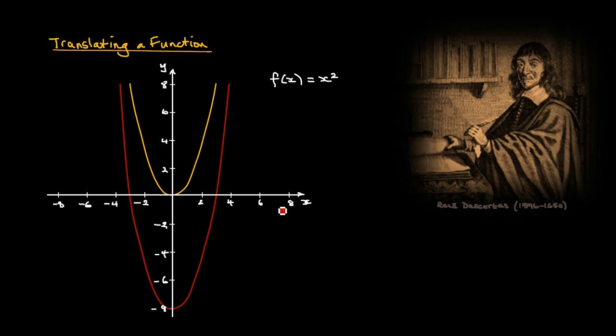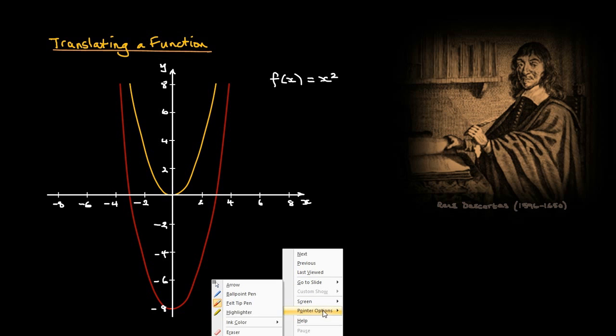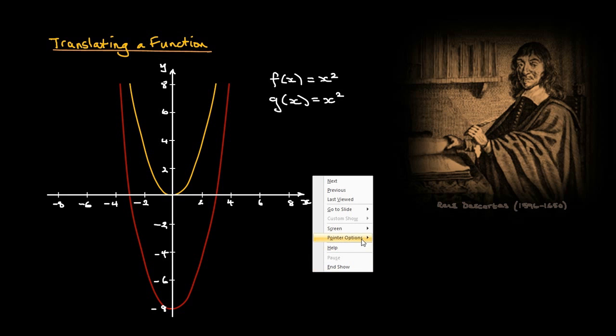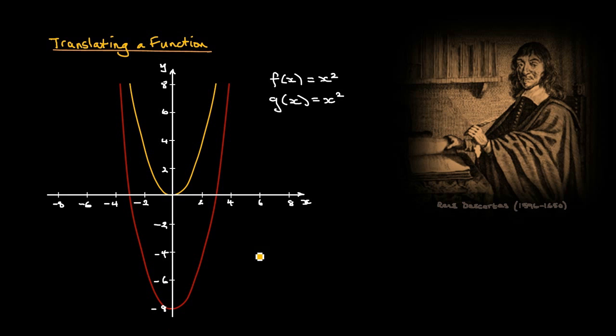And in fact, we can say that this represents, let's call it g of x. So our new function isn't just x squared, it's x squared, but every number has been brought down by 8. So it's going to be x squared minus 8. And I'm just going to write minus 8 in a slightly different colour, because minus 8 has got to be then the vector that this has been translated by.